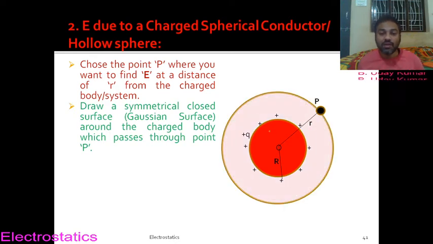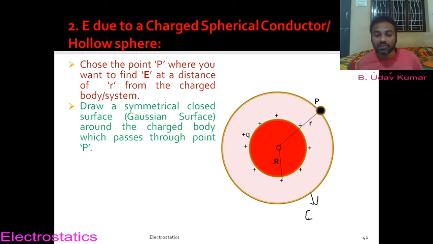So please check it. Remember, this sphere shown in red color is the real sphere on which the charge is present. But the outer sphere drawn in light pink color is the Gaussian sphere that we have constructed. Okay, so let me write it down here.